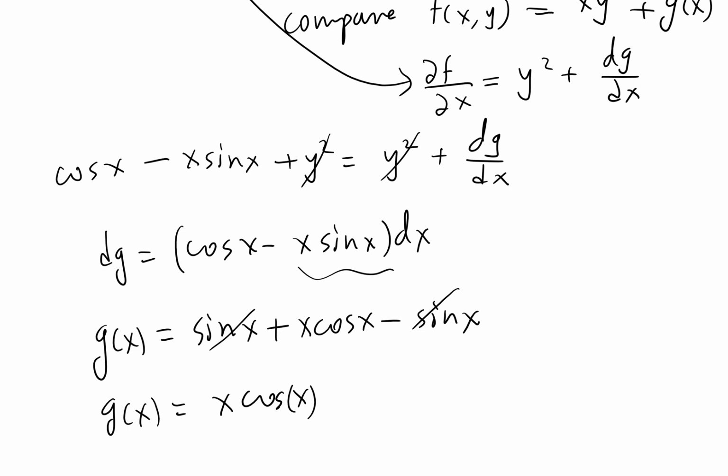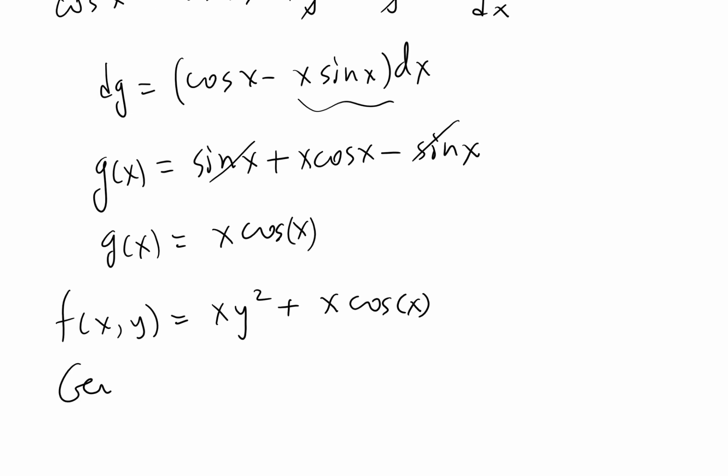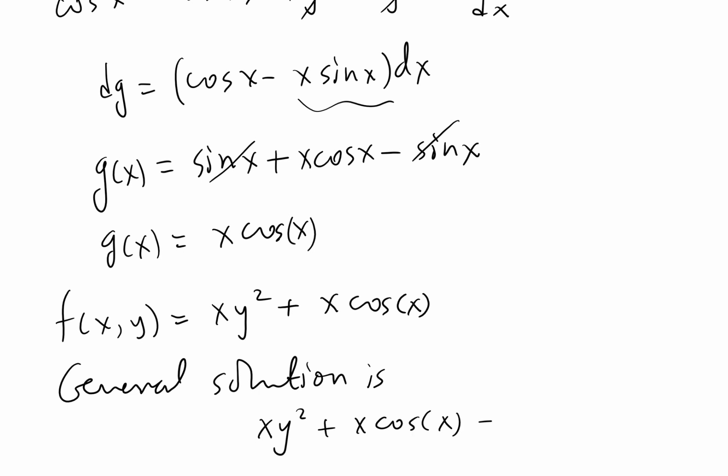That's g of x. From here, I can finalize the f of xy, which is xy squared plus g of x, which is x cosine x. The general solution is then xy squared plus x cosine x equals c.